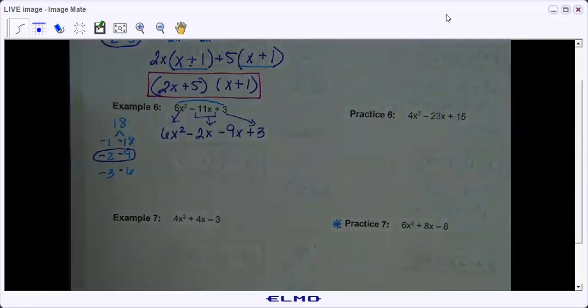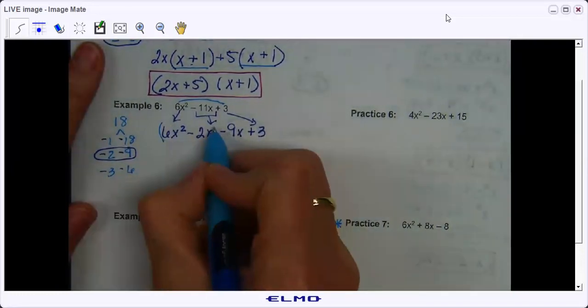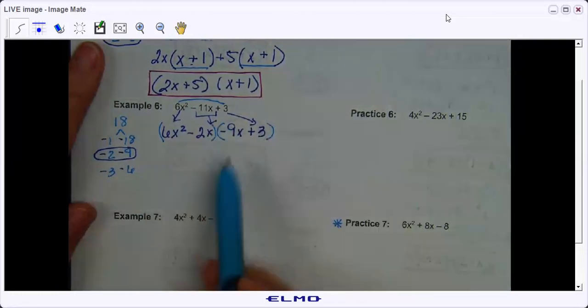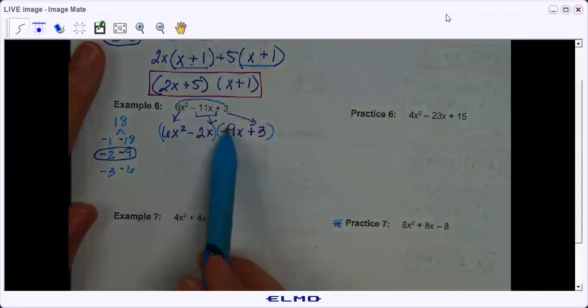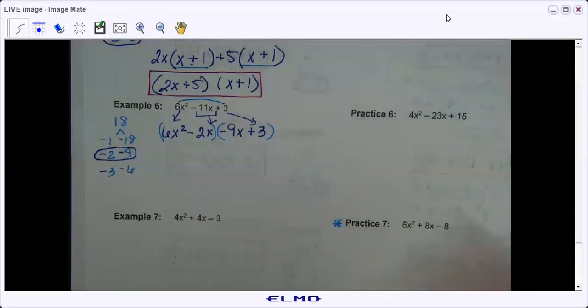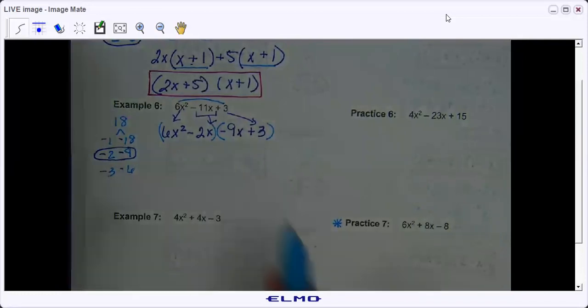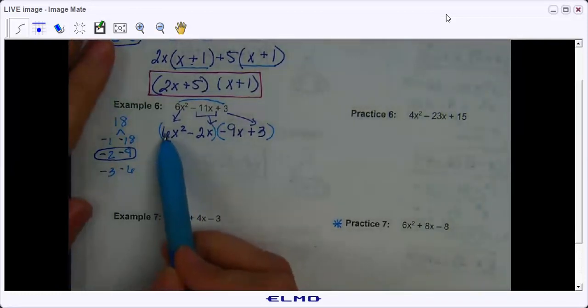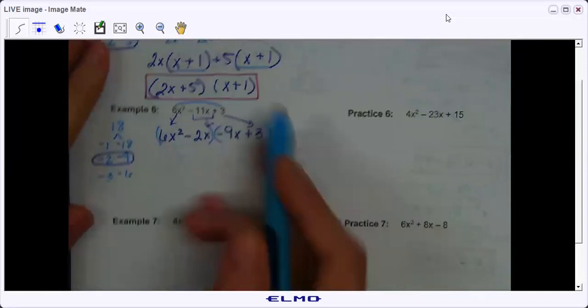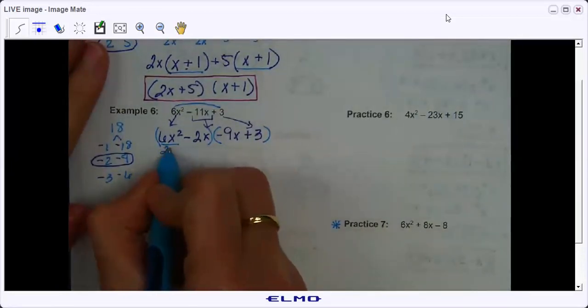Okay, now I am going to group them. And when you group them, make sure you take in the sign that is in front of the numbers. So this 9 had a negative, so bring the negative with it into the group. And I'll show you why in just a second. All right, so the greatest common factor between 6x squared and 2x is 2x.